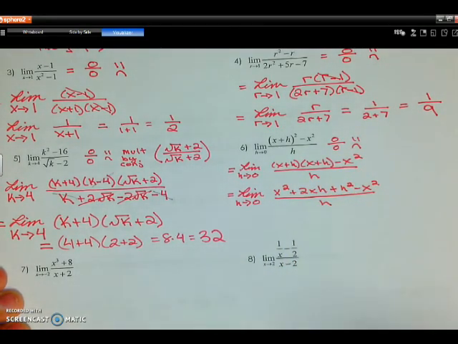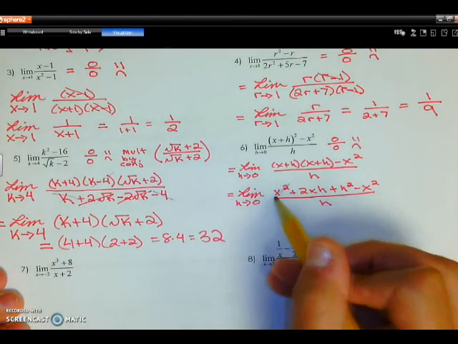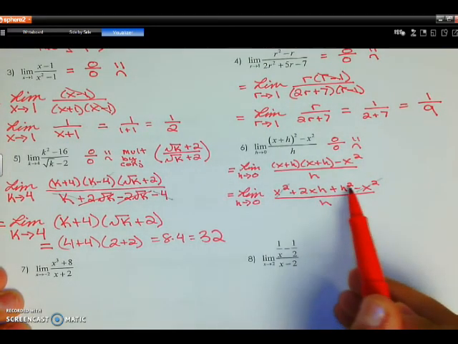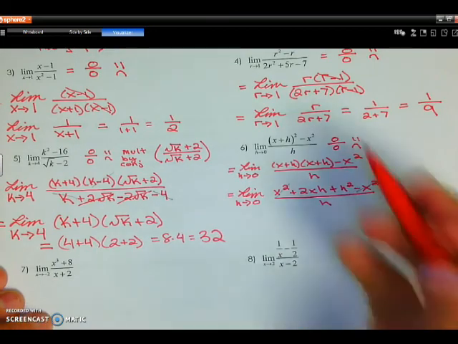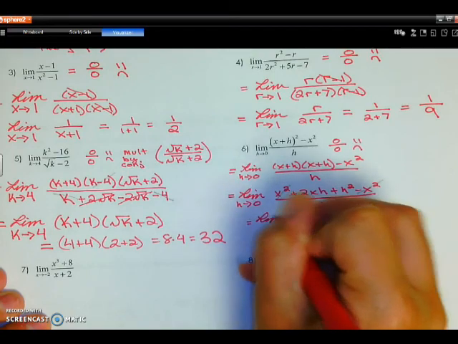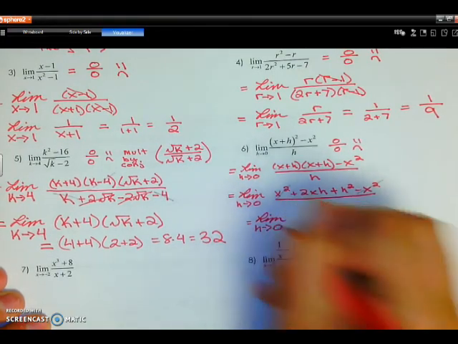All right, so this x squared and that minus x squared are going to kill each other off. And then this has an h and this has an h. Well, that means I can take out a GCF. So I'm going to do that all in one step here because I'm running out of room. So we're going to take the limit as h approaches 0.